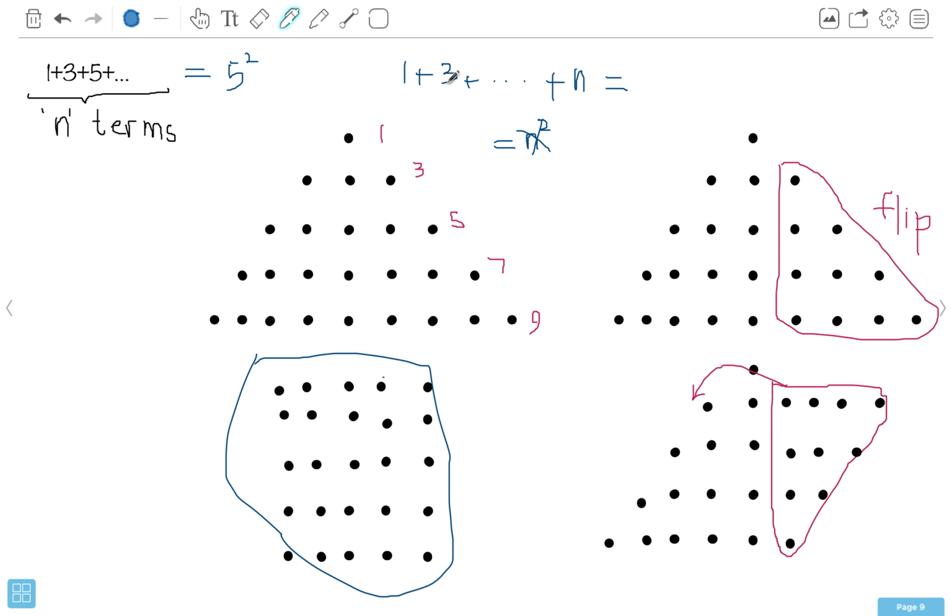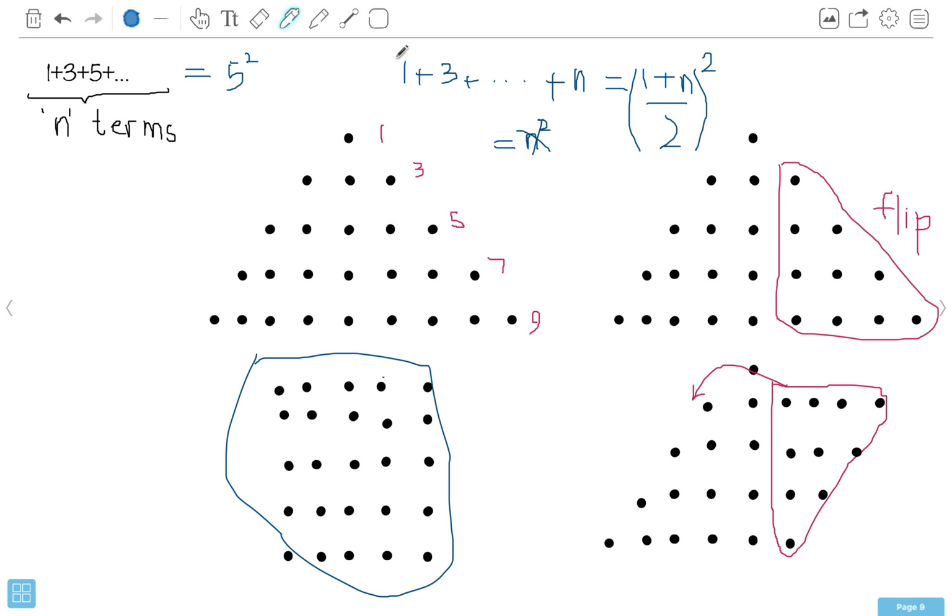We have up to n, and we skip every other term. So actually we have only this number of terms here. So this is your answer here.